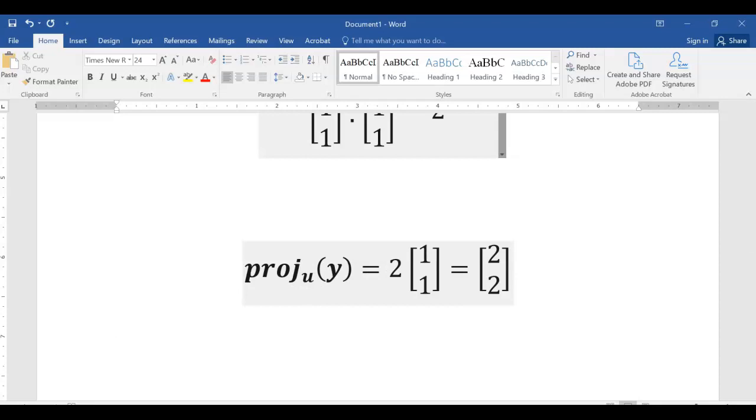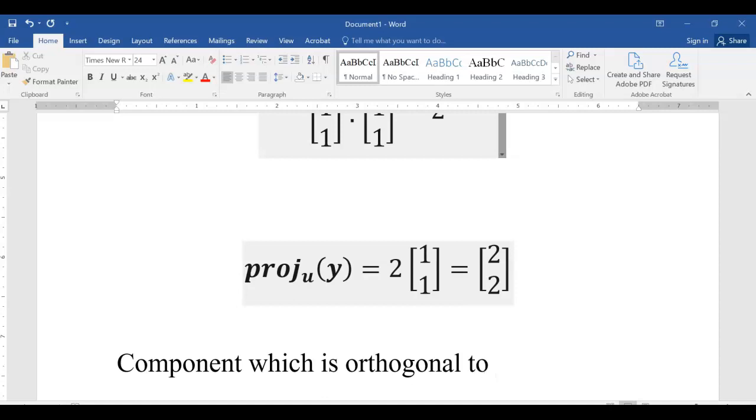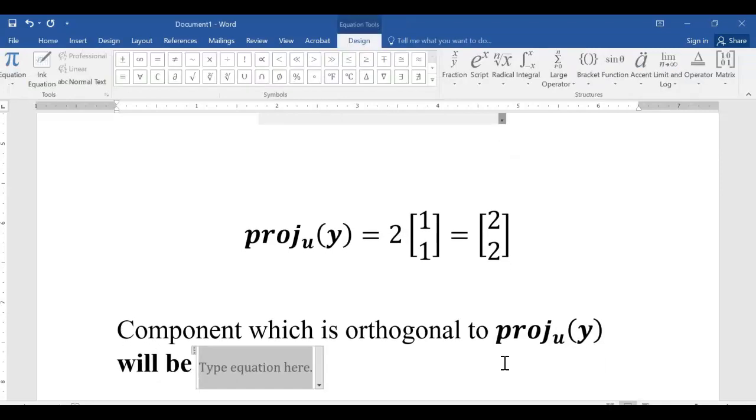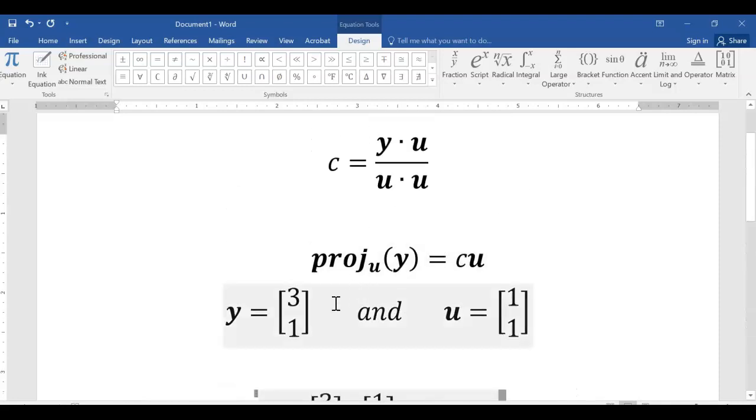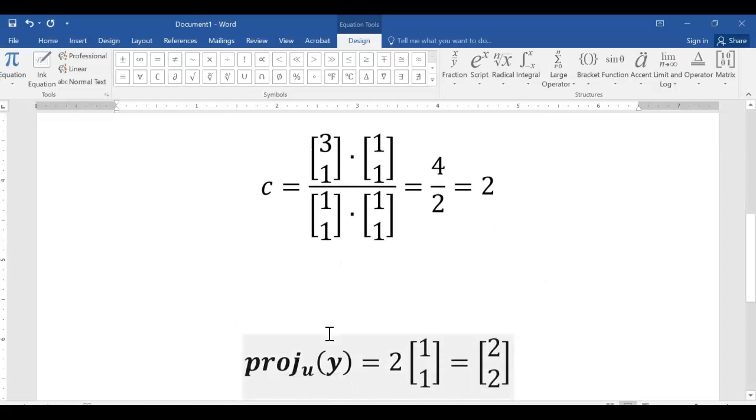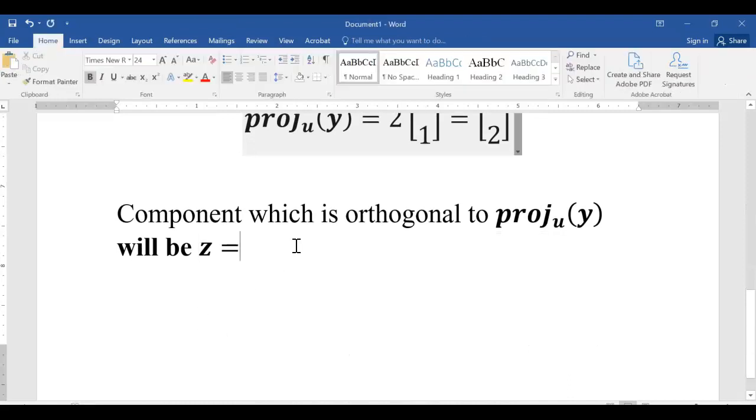Now, the component which is orthogonal to this projection will be, again, I've been calling that z. Now, if you think about it, how am I going to find z? Let me go through here.